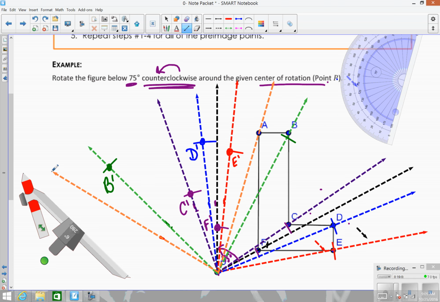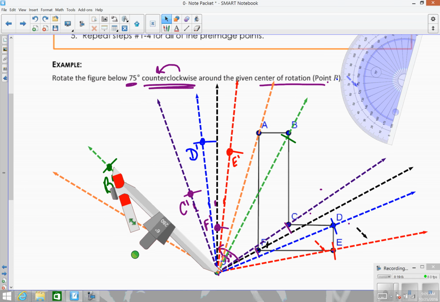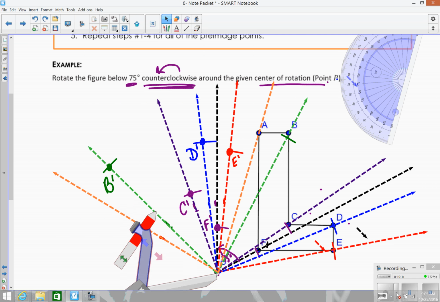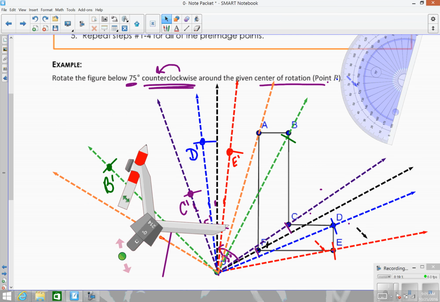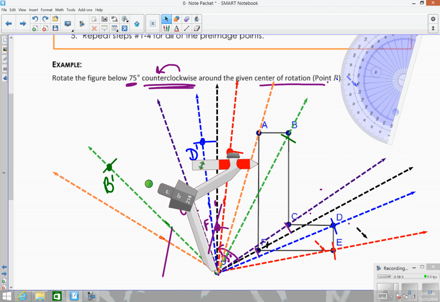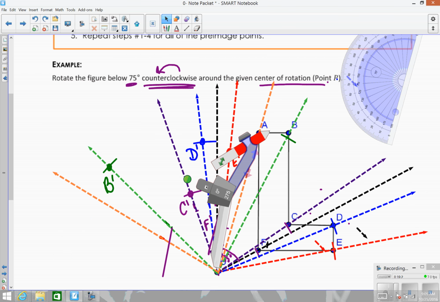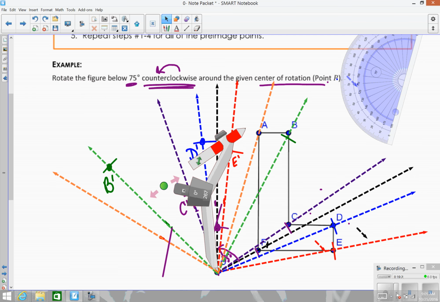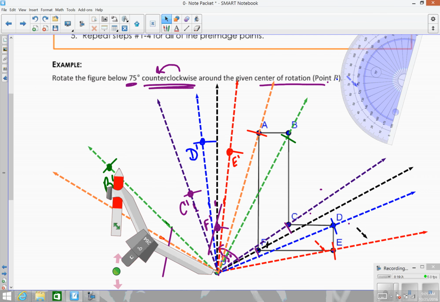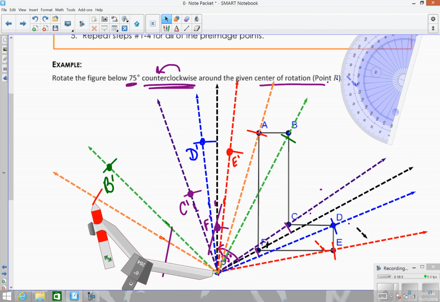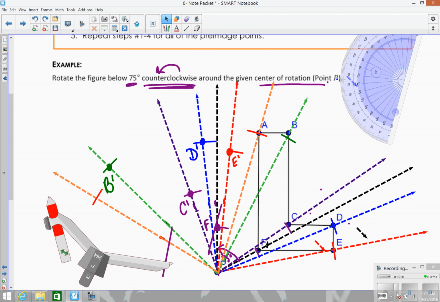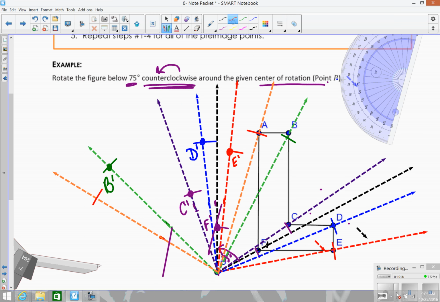And then I just have to measure to point A, which again, my compass will not reach that entire distance. Draw my arc, go over here, draw the arc. And remember that these aren't going to line up perfectly because my line here didn't go through B. Yours should end up matching up nicely. It's just the computer compass doesn't go the full length it should.